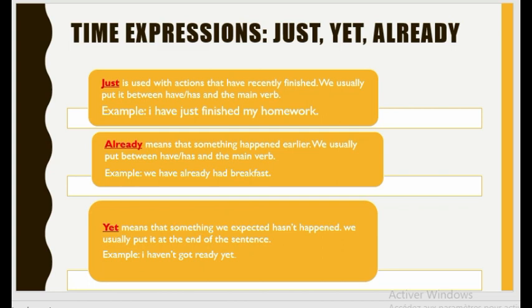And then we have yet. Yet means that something we expected hasn't happened. We usually put it at the end of the sentence. For example, I haven't got ready yet. So as we see here, yet is at the end of the sentence.